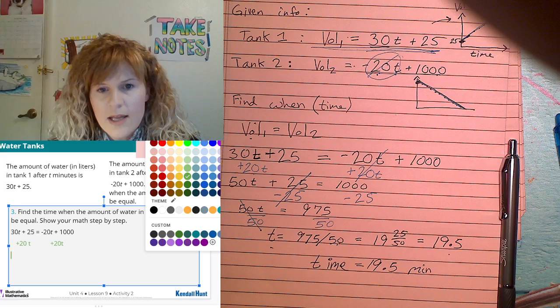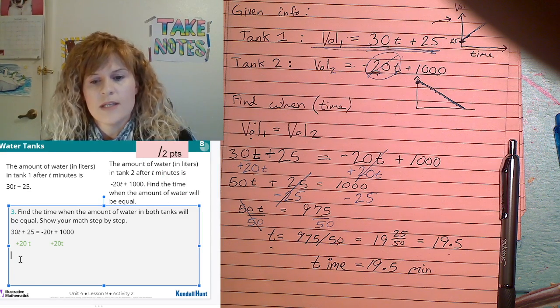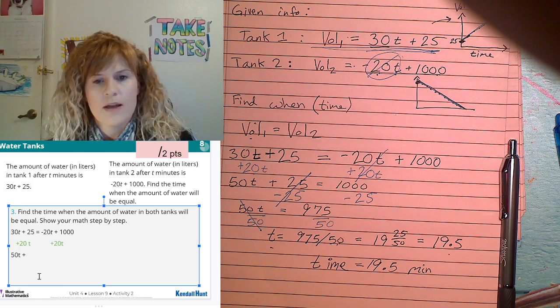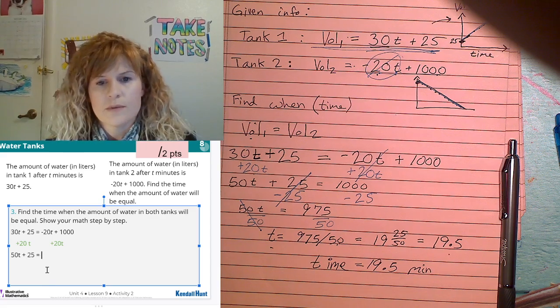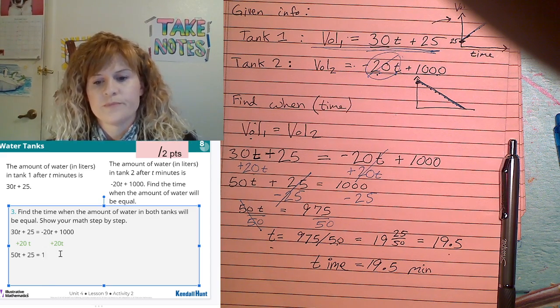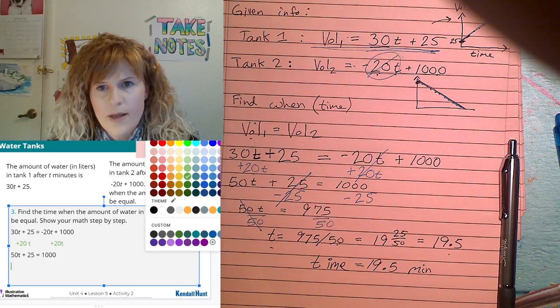And then I'm going to change my color back to black. I got 50t plus 25 on the left side is equal to 1,000. And then the next thing I did, I'm going to go back to green.